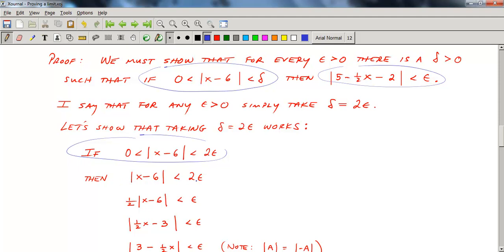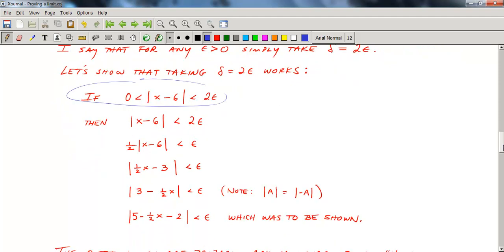And if I multiply on both sides by 1/2, that'll eliminate the 2 on the right. If I bring the 1/2 inside, which I can do only if 1/2 is a positive number, inside the absolute value, multiplying both terms, I'll have the absolute value of 1/2 x minus 3 is less than epsilon. Then, for our purposes, I'm going to need to take the opposite of the quantity inside the absolute value.